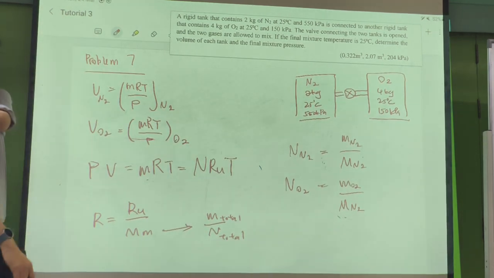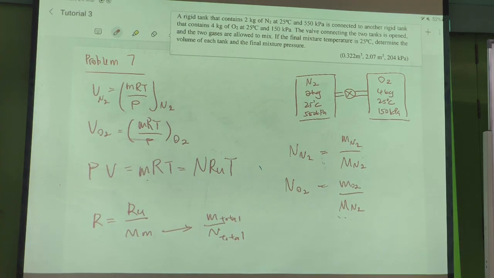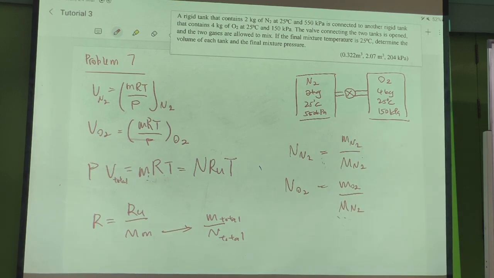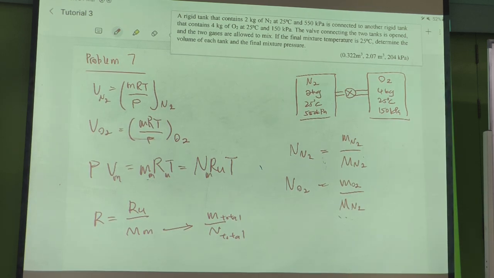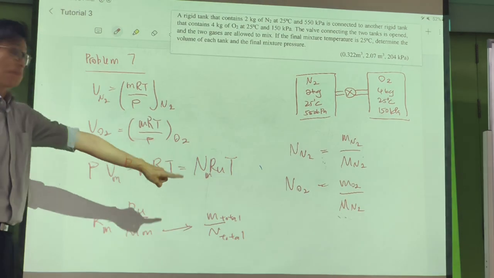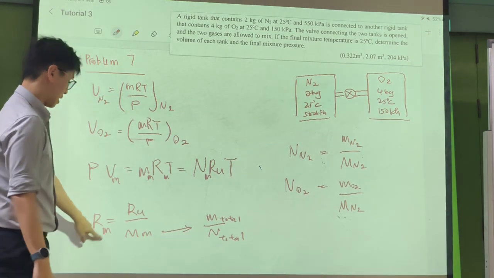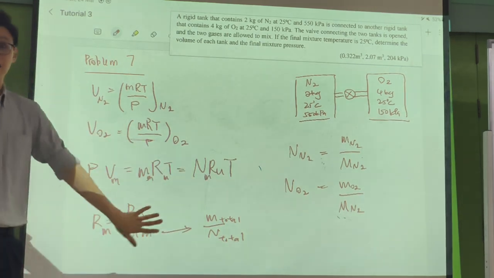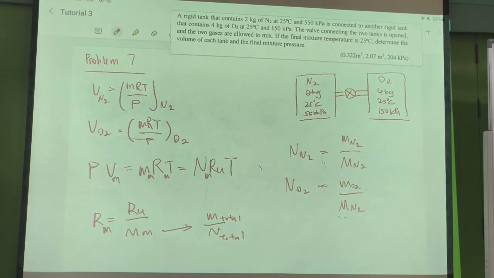It's the same thing. So you need to find the individual mole. Either use the mole to find the Rm and then use this equation, or you use the universal one. You just need the mole. That's all. These two equations are actually the same equation.